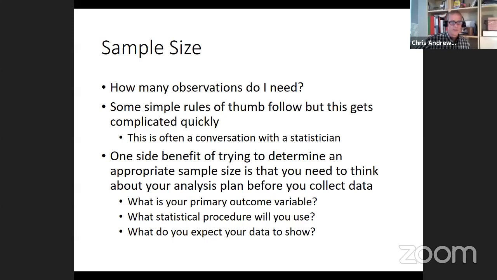All right, so the last piece I want to talk about is study design. Part of study design is how many samples do I need, how many observations do I need, and there are some quick rules of thumb that you can use to say, look, I'm looking for a large effect. How many people do I need?